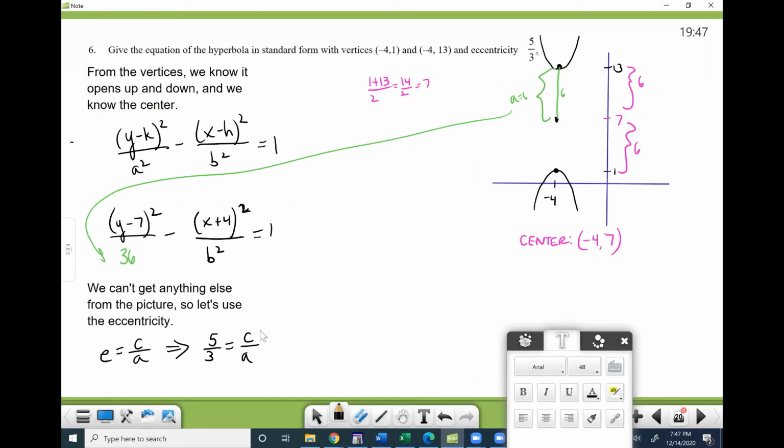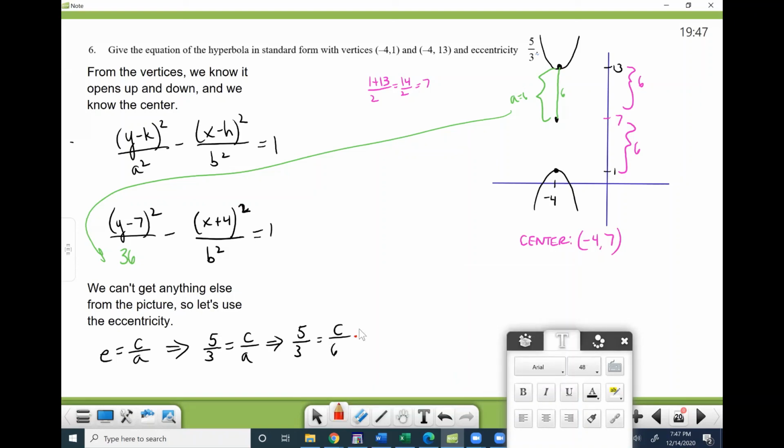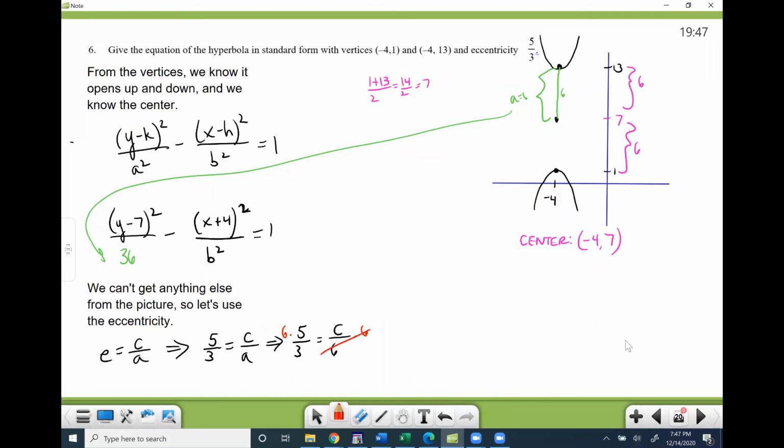And we also know A. A is 6, so we're going to plug 6 in. And then, well, you guys know the drill. If you want to get C by itself, multiply both sides by 6 to cancel it. And let's see what we get. 30 over 3 is C. In other words, 10 is C.